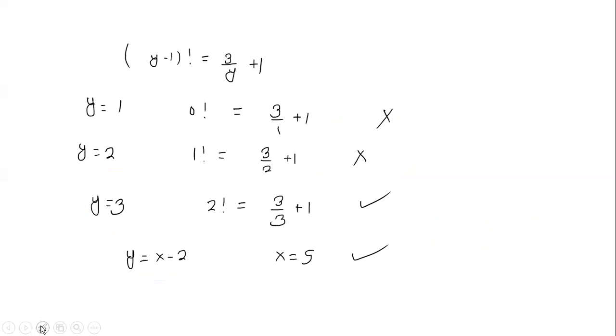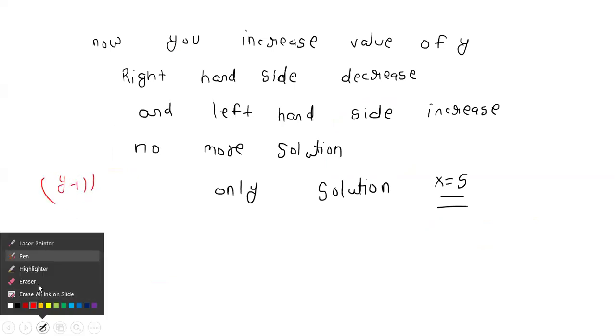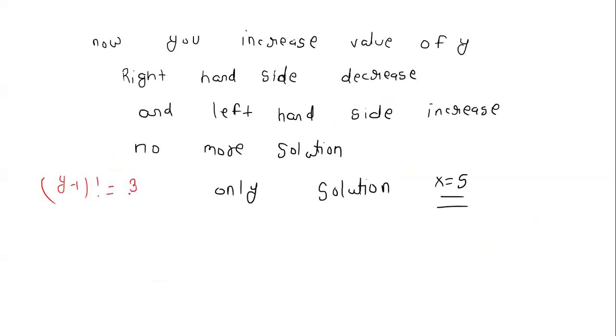Now you see here, our equation I can write as y minus 1 factorial is 3 by y plus 1. So this side is increasing. If I increase y, then this side will also increase. But if I increase y, then this side will decrease.